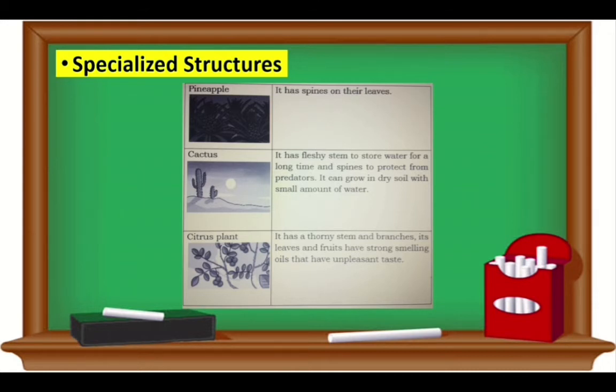It can grow in dry soil with a small amount of water. And the last one, we have citrus plant. It has a thorny stem and branches. Its leaves and fruits have strong-smelling oils that have an unpleasant taste.